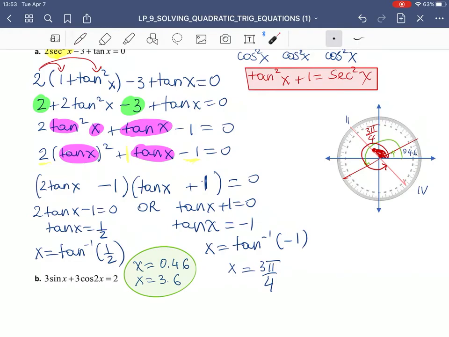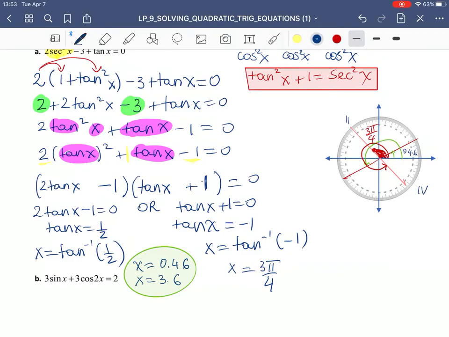And the next solution is 1 pi over 4, 2 pi over 4, 3 pi over 4, 4 pi over 4, 5 pi over 4, 6 pi over 4, 7 pi over 4. And if you were thinking that, oh, we could have gone 2 pi, take away pi over 4, same thing, you are most definitely right.